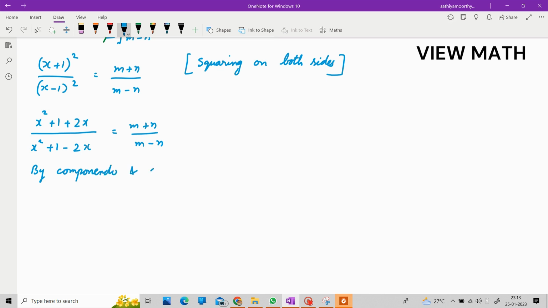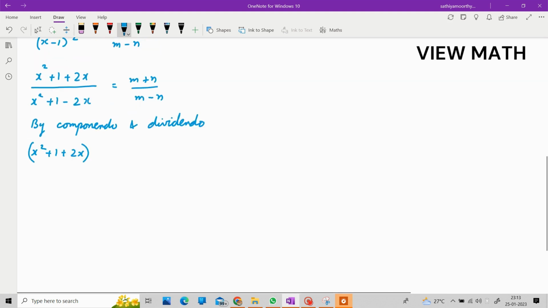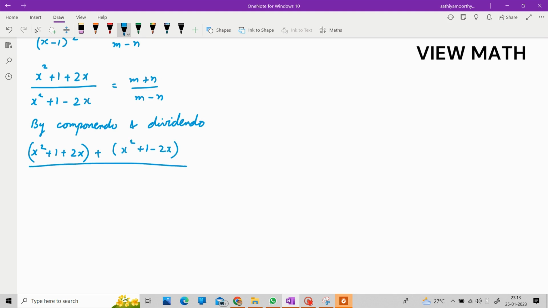Componendo and dividendo property, I am using it. By applying componendo and dividendo property, (x square plus 1 plus 2x) plus (x square plus 1 minus 2x) divided by (x square plus 1 plus 2x) minus (x square plus 1 minus 2x).